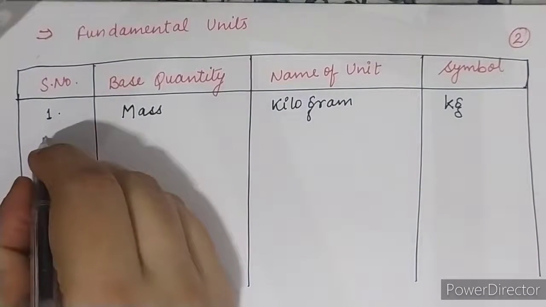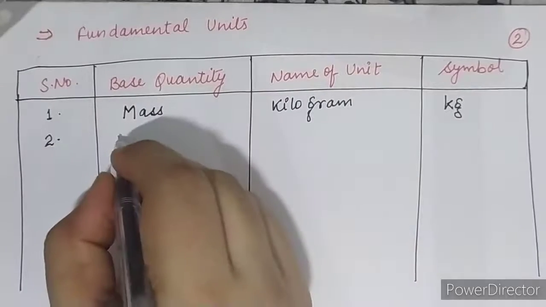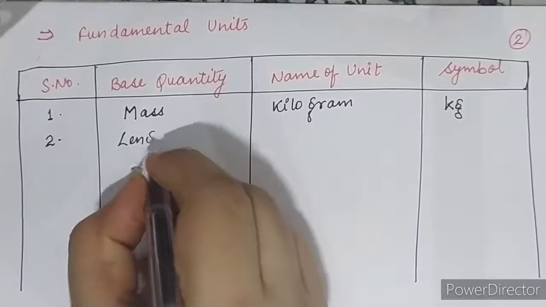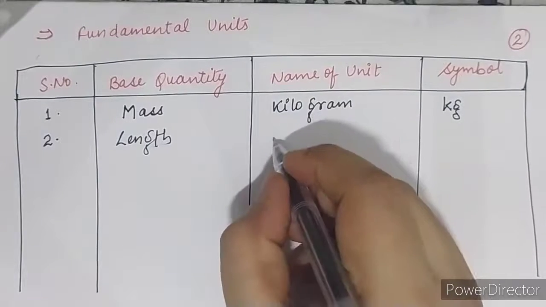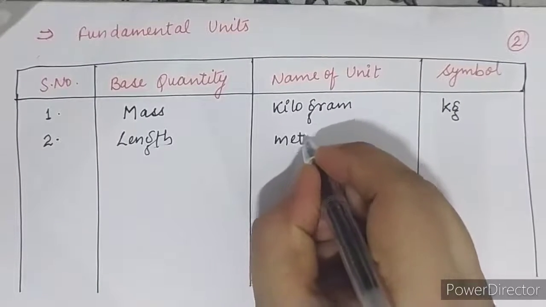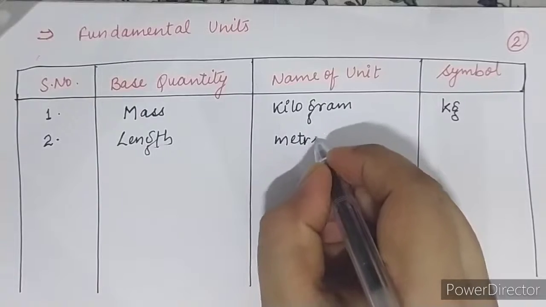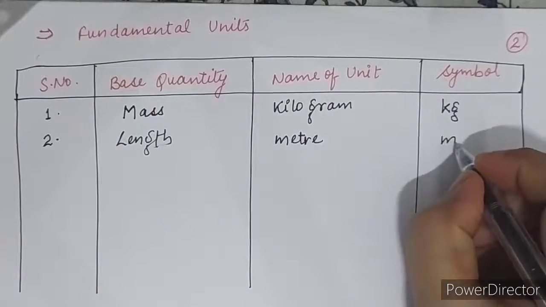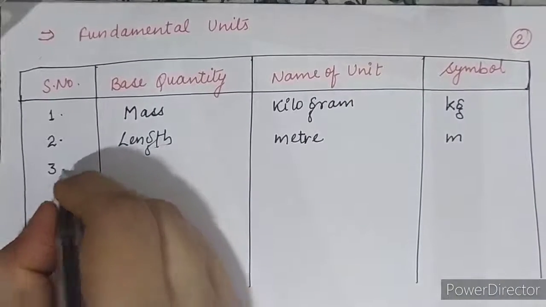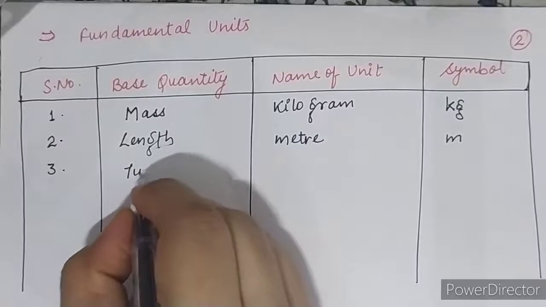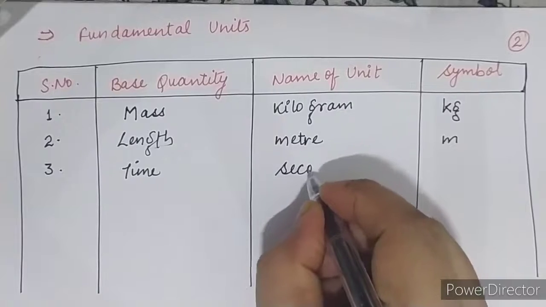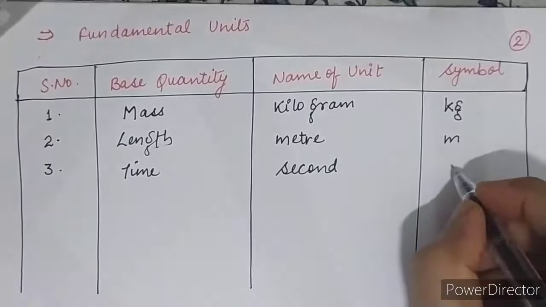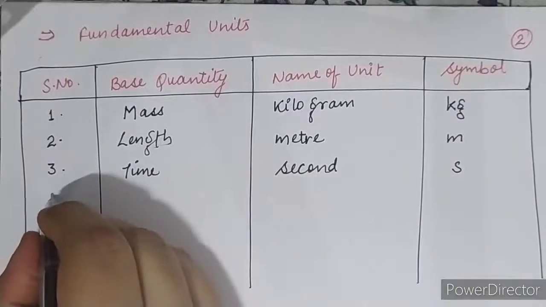Second base quantity is length, and the unit is meter and the symbol is small m. Third one is time, the unit is second and the symbol is small s.